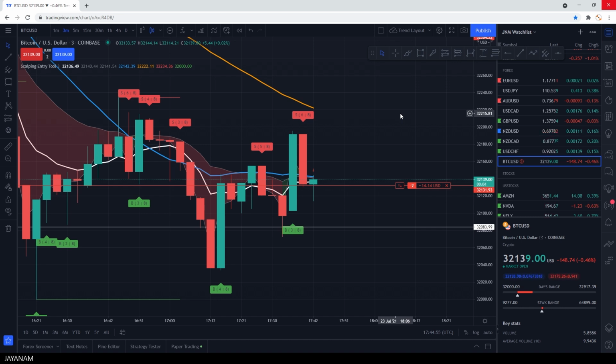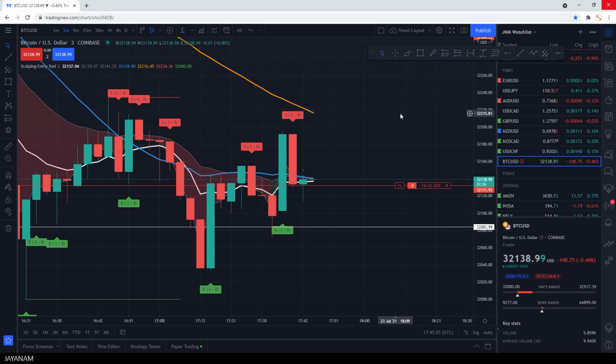Okay, great, it is rejecting the 20 moving average. So wait for the next candle, and yes, price is coming down again.